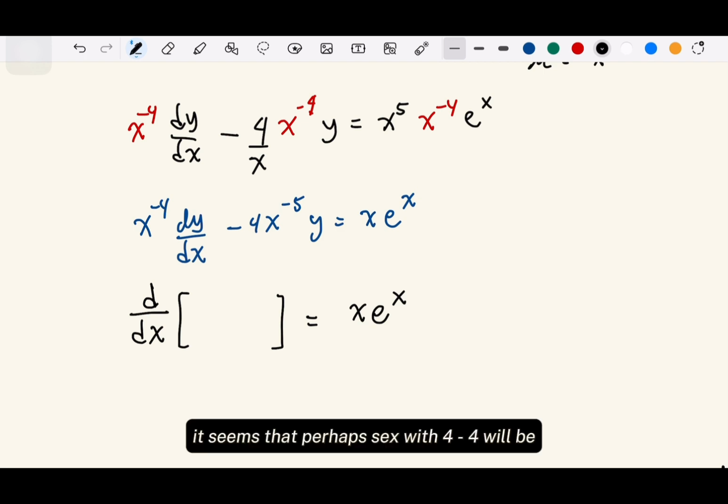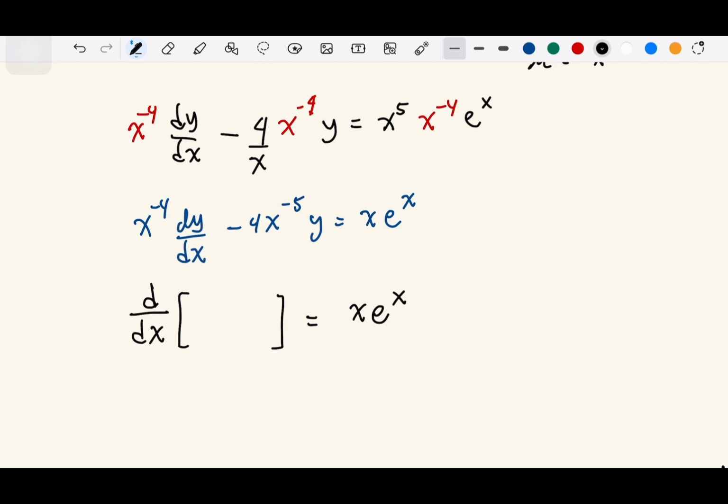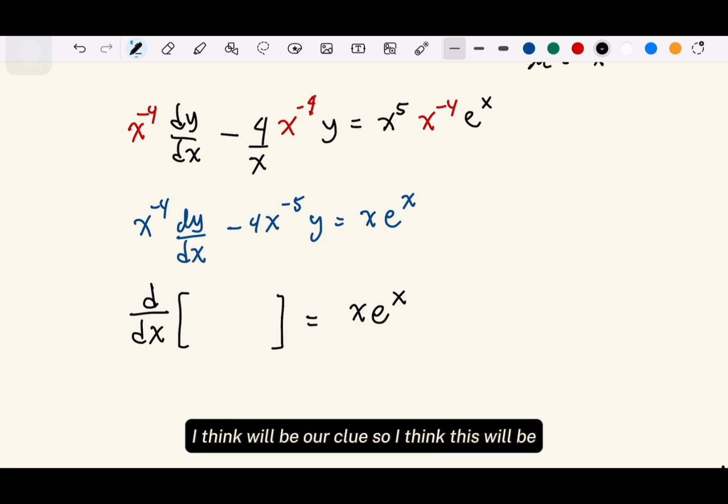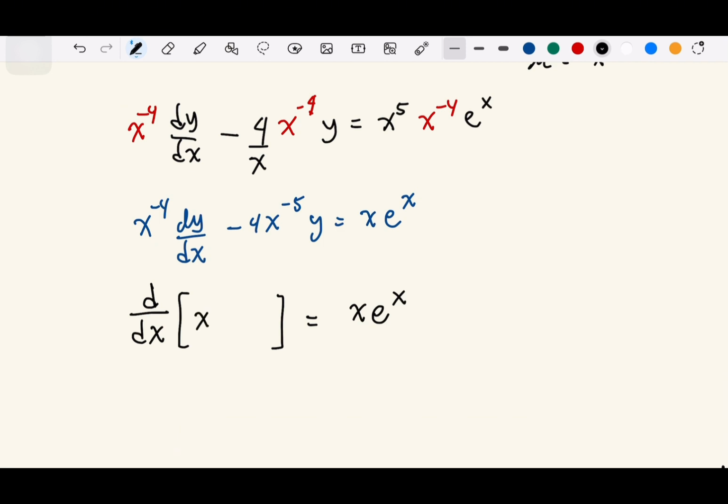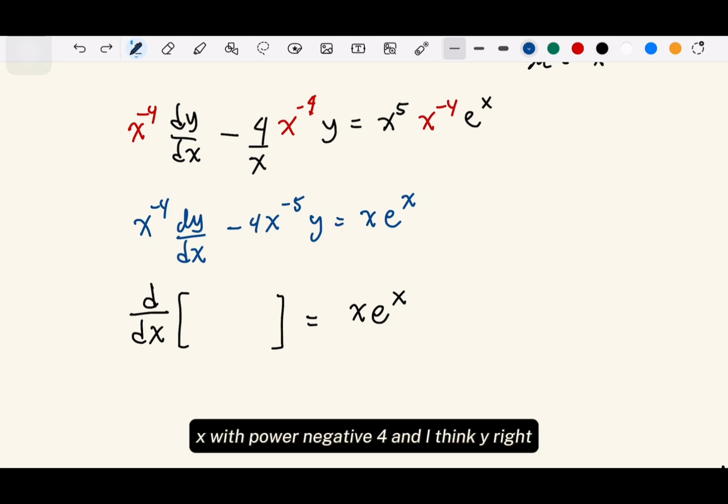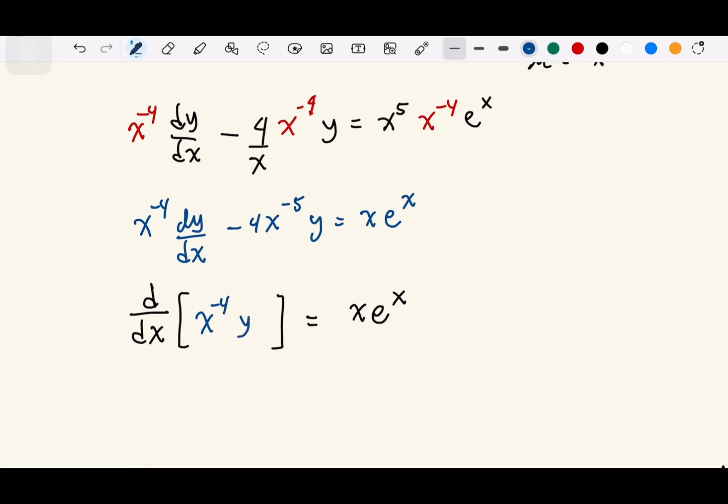It seems that perhaps this x with power negative 4 will be our clue. So I think this will be x with power negative 4, and I think y, right? Because negative 4 with the right, it becomes this one, right? And then this one, okay?